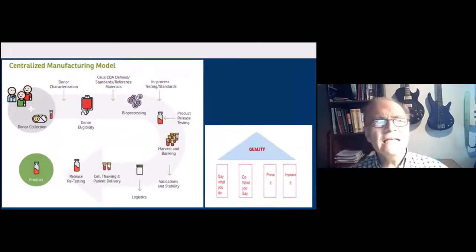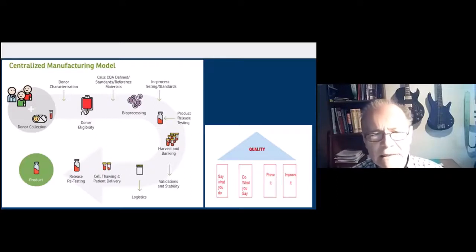The centralized manufacturing model needs donor collection, donor characterization, donor eligibility, standard reference materials, bioprocessing at the lab, testing and standards, and product release testing, harvest and banking. You need to use validation and stability methods and logistics also.